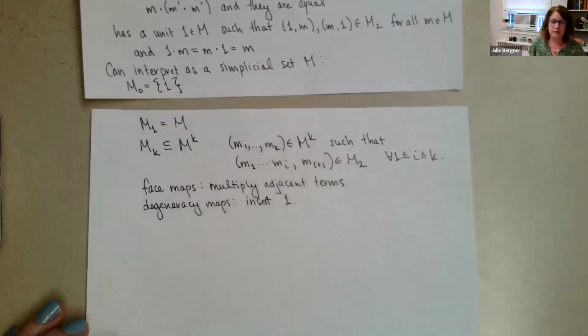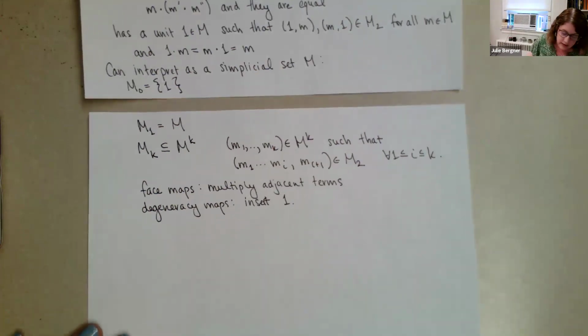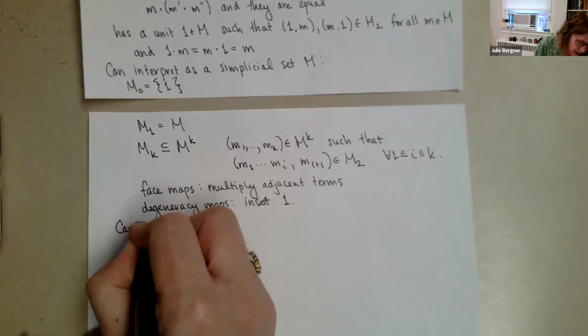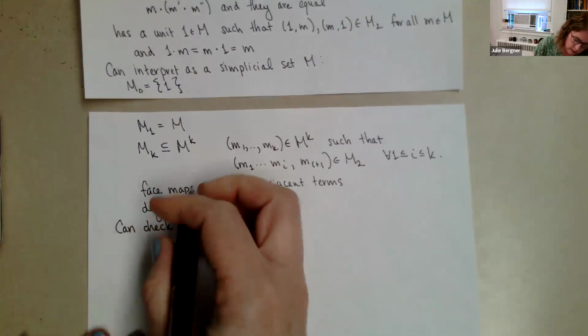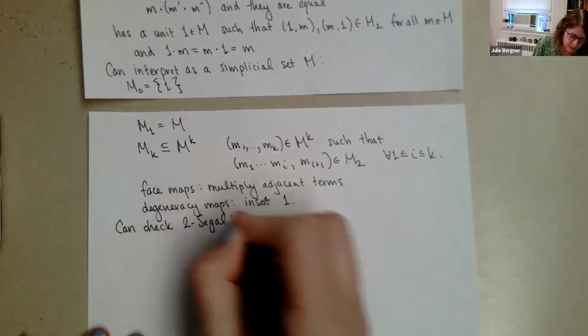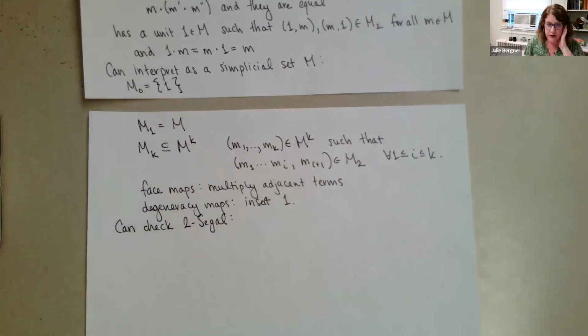Missing an R here, insert, okay. All right, and then you can check that this is 2-Segal. It seems to match with our intuition. Well, I'm going to verify one of the conditions.